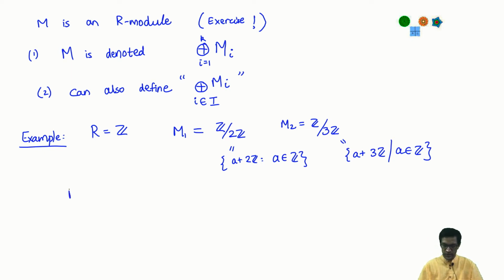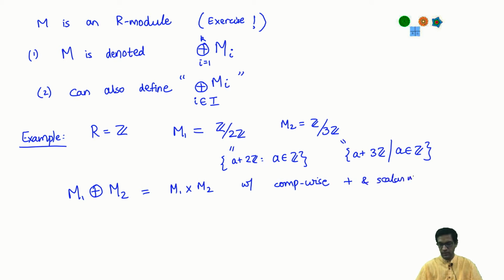So what does the direct sum now mean? It just means I take M1 direct sum M2, which as a set is M1 cross M2 with component-wise addition and scalar multiplication. For example, let's take an element of M1 direct sum M2: 1 bar, which is 1 plus 2Z, comma 1 plus 3Z.